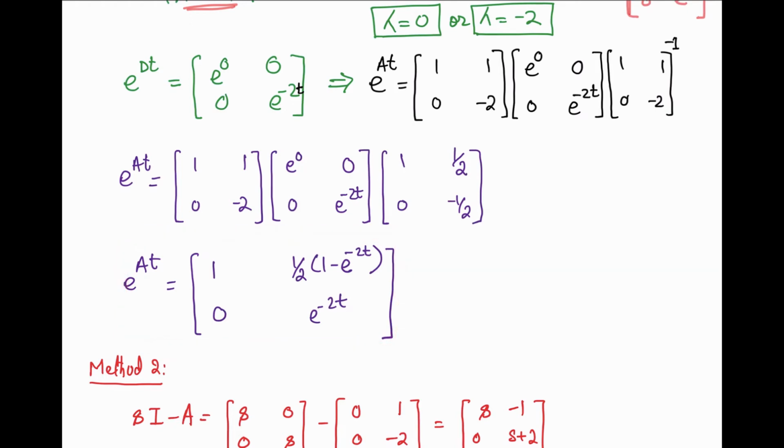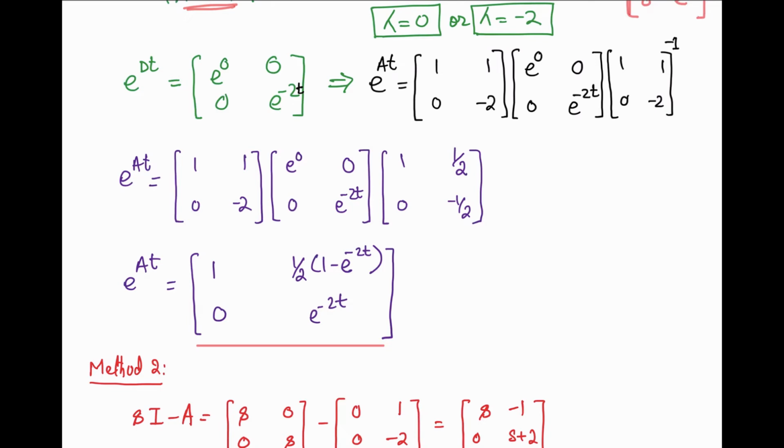And if you know the initial conditions, by multiplying with the state transition matrix, you will get the response because of those initial values. Or if you know the input, then multiplying that input with the state transition matrix and then integrating over the selected interval of time, you can find out the response because of the input.